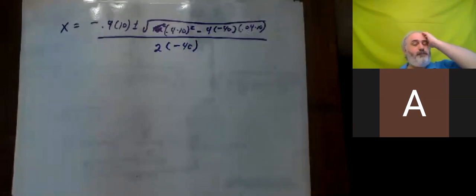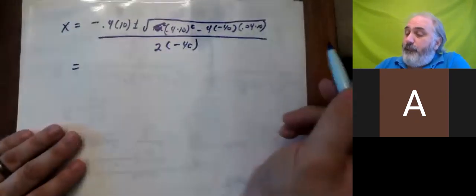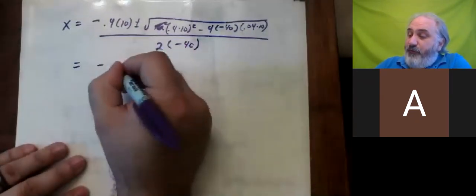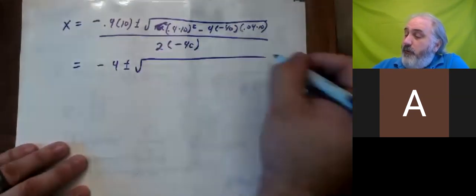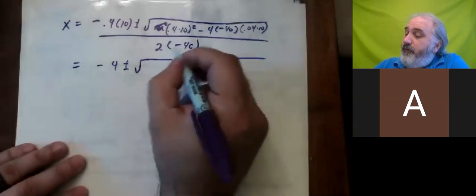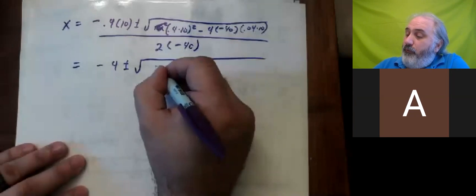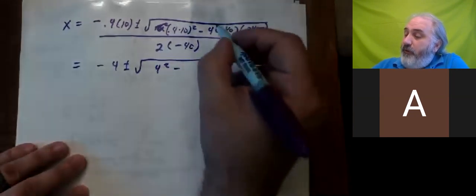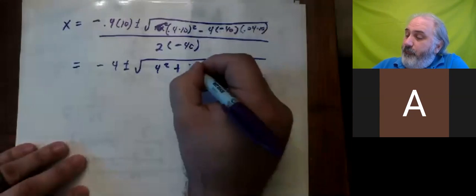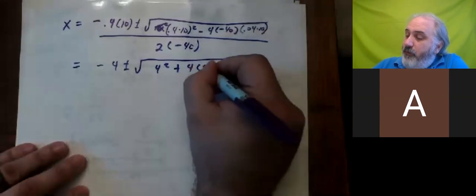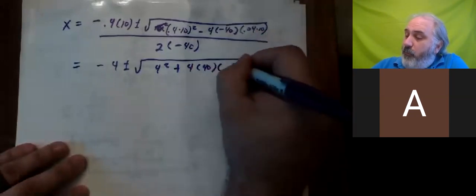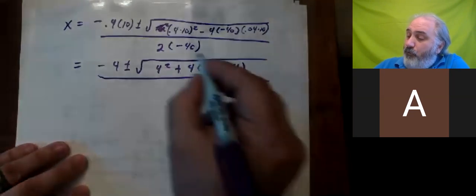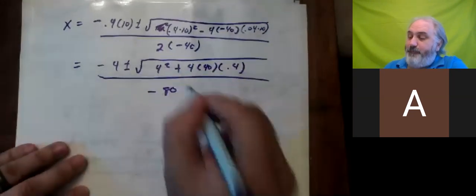So 0.4 times 10 is 4, so negative 4 plus or minus the square root of 4 squared minus, that's plus, 4 times 40 times 10 times 0.04, which is 0.4, over negative 80 on the bottom.